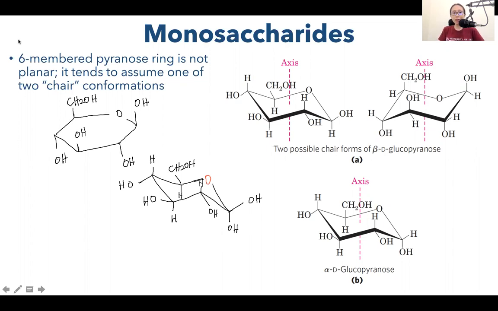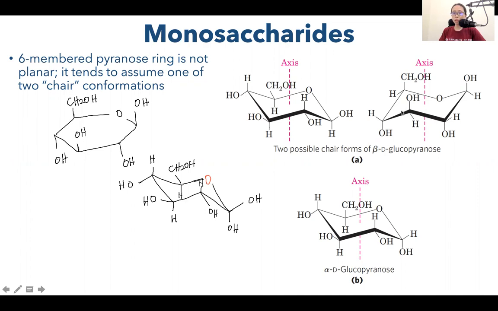Now this can actually switch. What happens is that carbon 1 is now flipped upwards and carbon 4 is flipped downwards, and we get this chair conformation. However, in this chair conformation, we see that most of your bulky functional groups, your OH and your CH2OH, are in the axial positions.